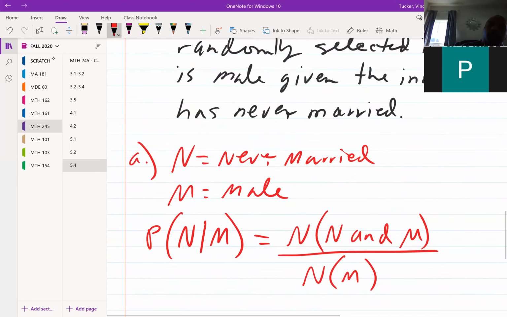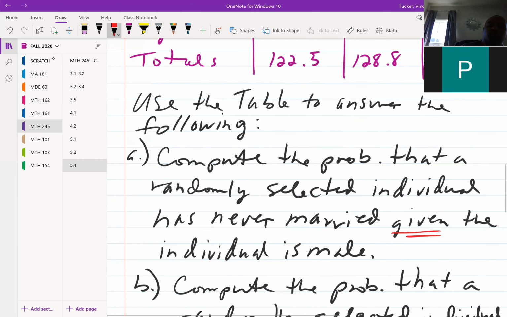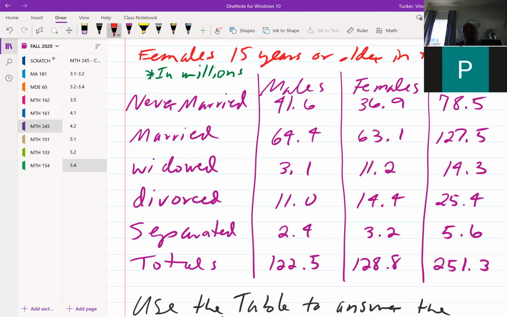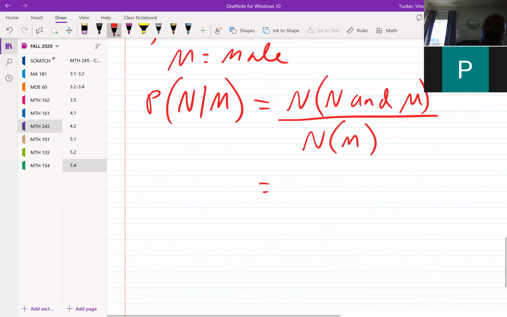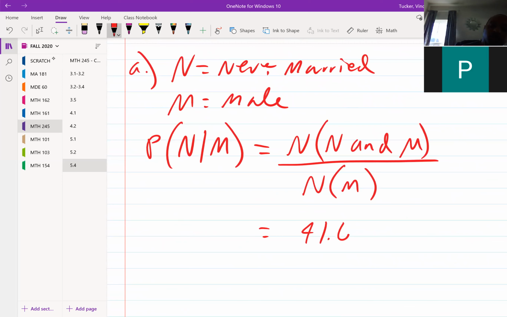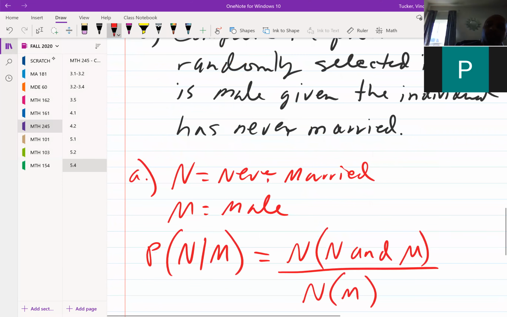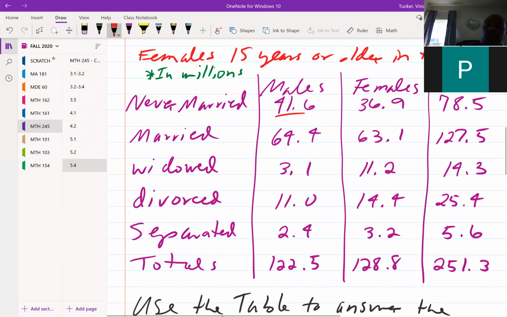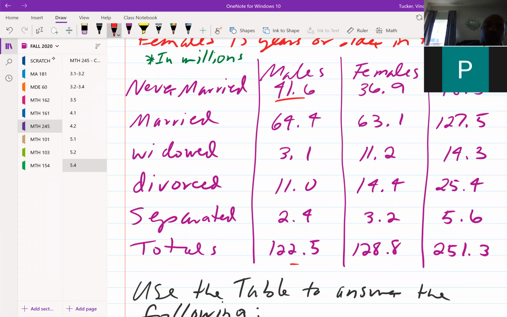All right. So if we go back to our chart, here we have the number of people that are never married and male. So that's 41.6. And then the number of males in total is 122.5.